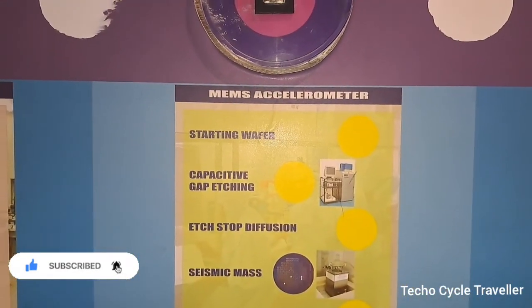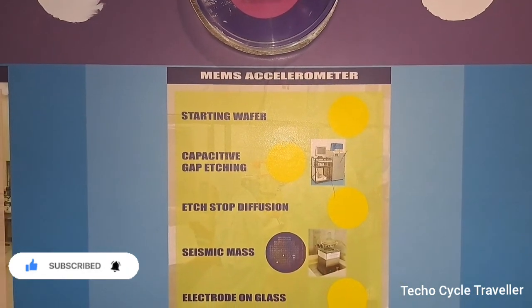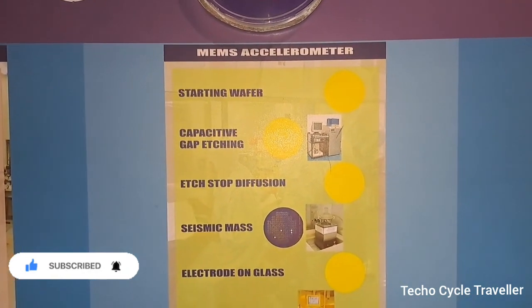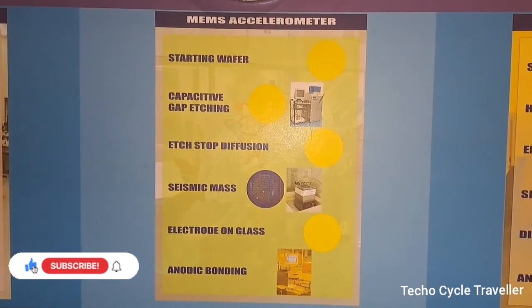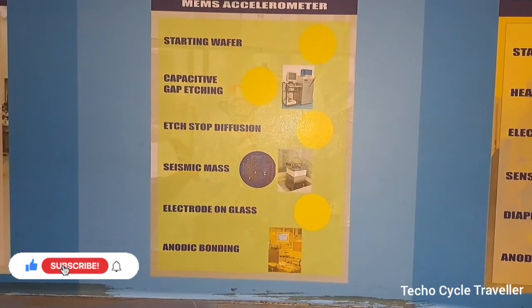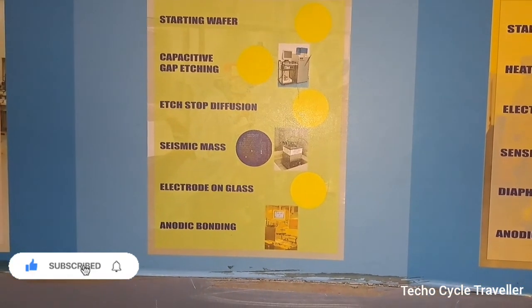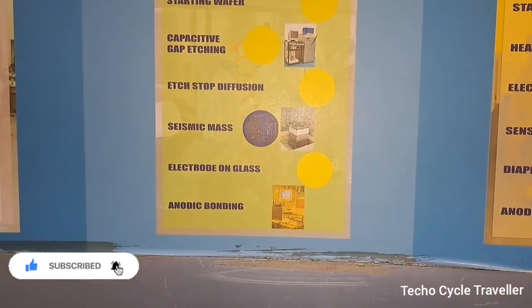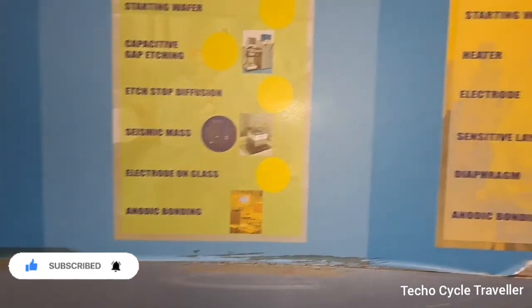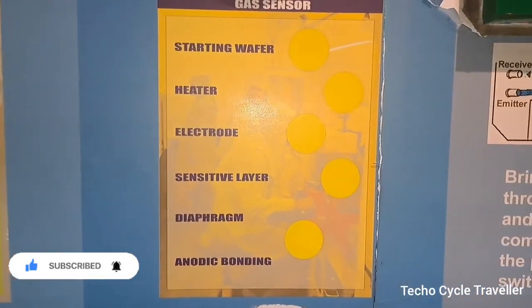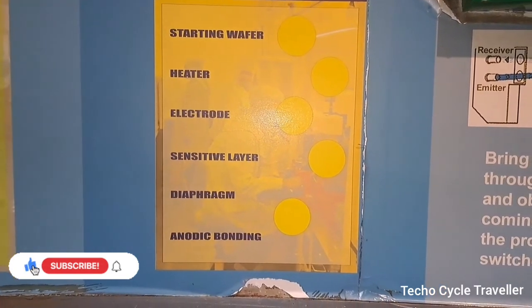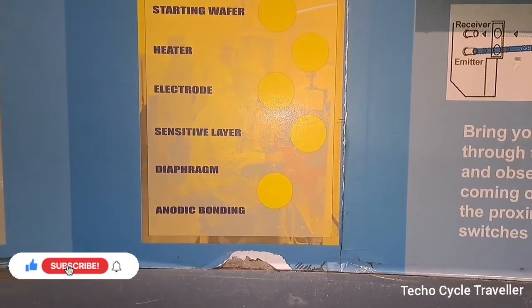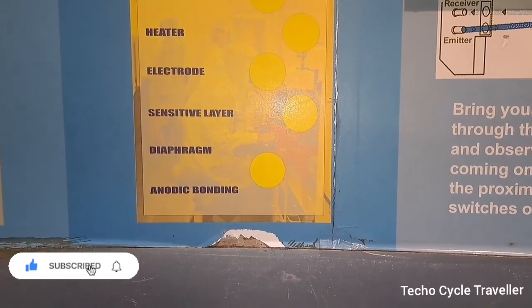MEMS accelerometer: the starting wafer, capacitive gap bridging, etch stop, diffusion, seismic mass, electrode on glass, anodic bonding. Gas sensor: starting wafer, heater, electrode, sensitive layer, diaphragm, anodic bonding.